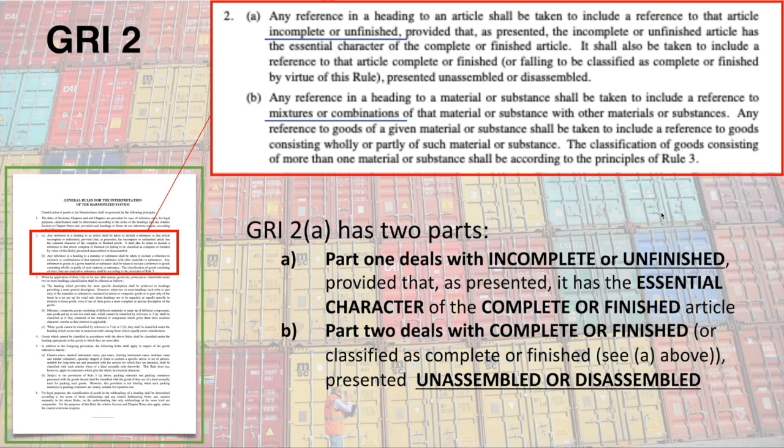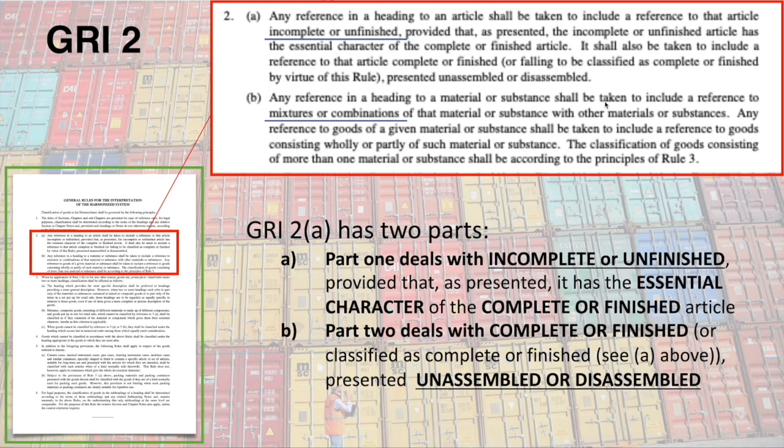The second part of letter A of rule 2 provides that a complete or finished article presented unassembled or disassembled, usually for reasons such as the requirement or convenience of packaging, handling, or transport, has to be classified in the same heading as the assembled article.